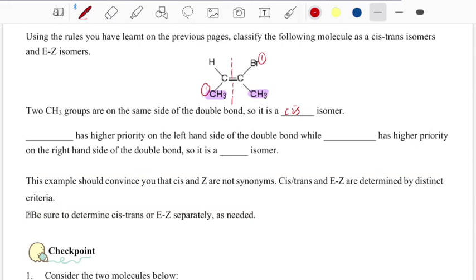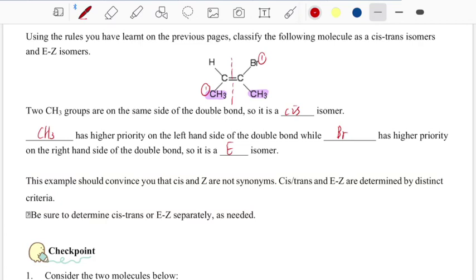So now, on the left hand side, the methyl group has higher priority. On the right hand side, bromine has higher priority. So the higher priority atoms are on different sides of the double bond, hence we should name it as an E isomer.